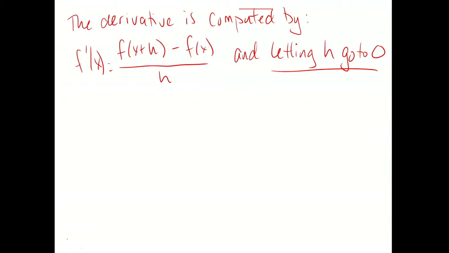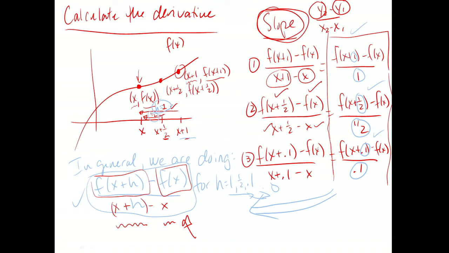Just keep reminding yourself, in the guesses that we did last time, we employed an h value of 1 to make our first guess. We were at an x value of 1, so we came over to 2. Then we did 1.5, because that was an h value of just a half.